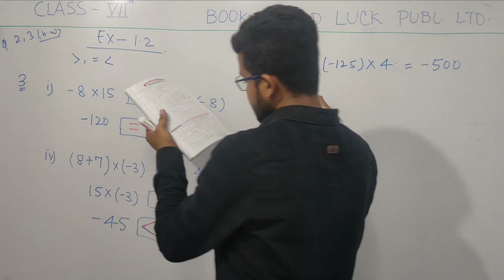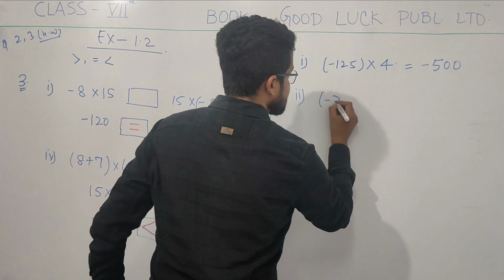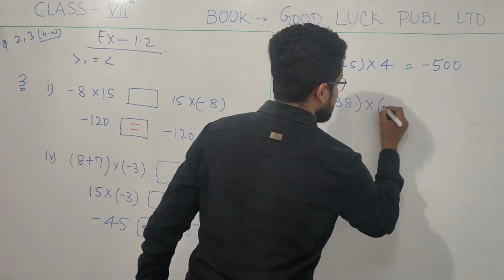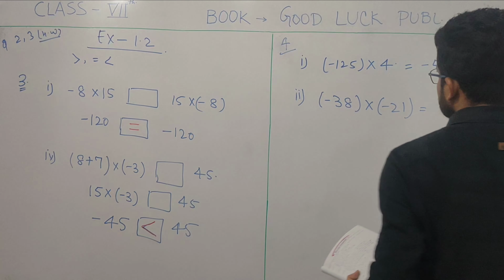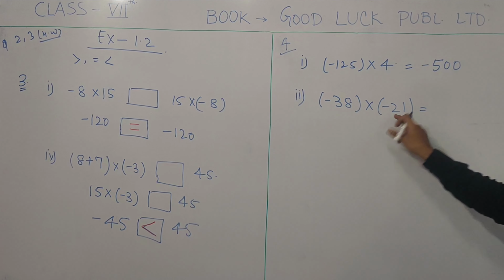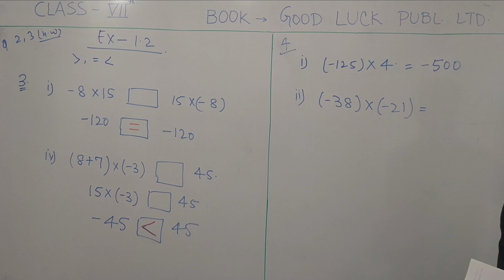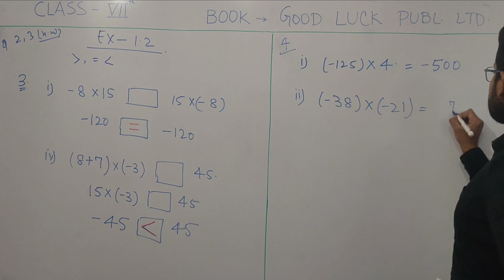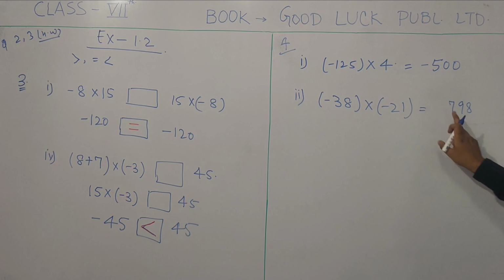Okay. Now second one is minus 38 into minus 21. So multiply both these numbers. 38 into 21 is 798.